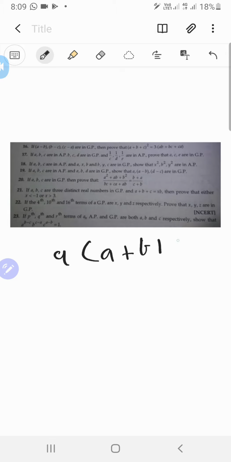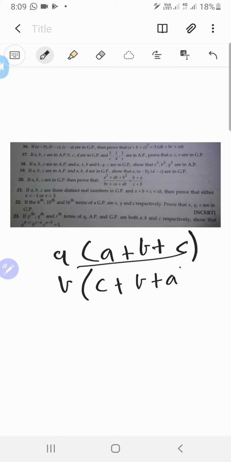So you can factor out an a from that, and in the denominator, I'm going to write ac as b squared and then factor out a b from it. So that will give me c plus, well, ac was written as b squared, so b plus a.